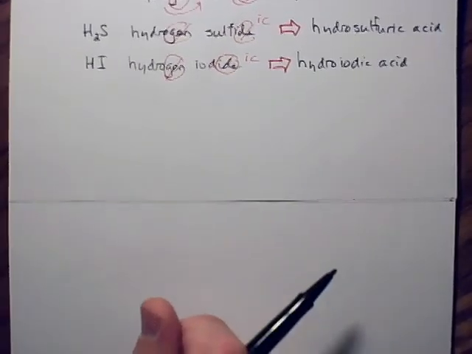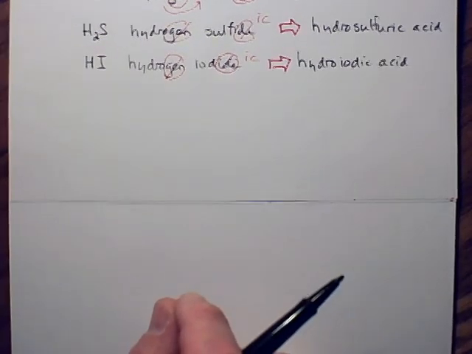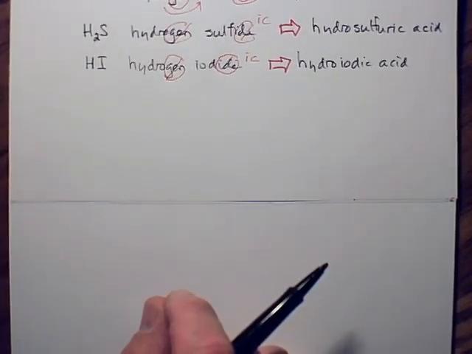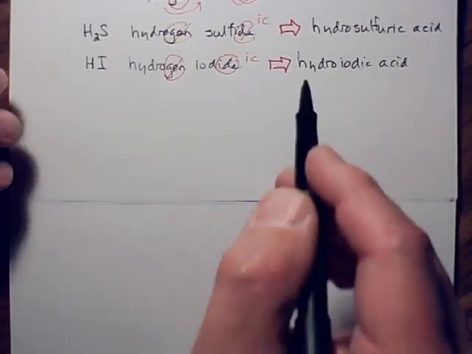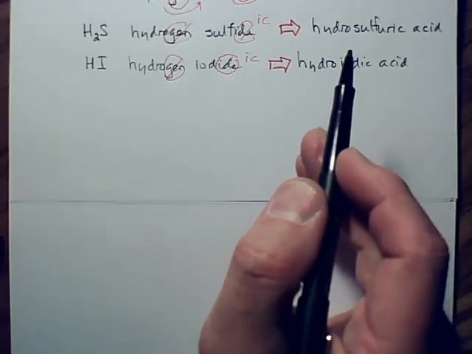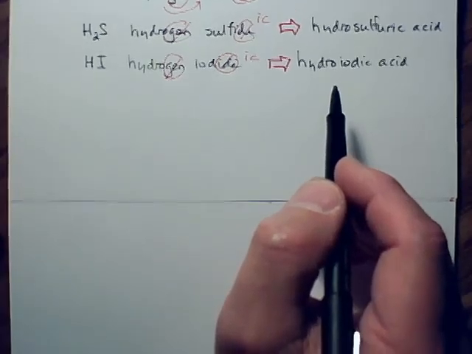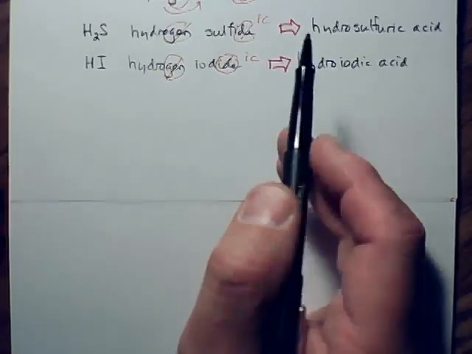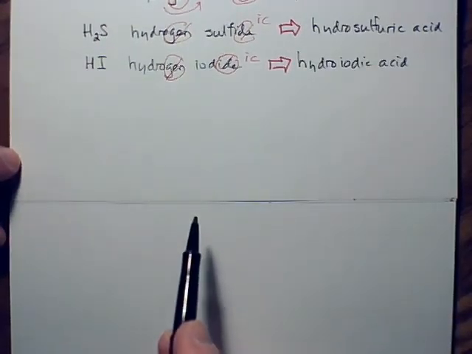Okay? Now this is how you name binary acids. Binary acids are the only acids that have the hydro prefix. Binary acids, only two elements, not two atoms, only two elements. Binary acids are the only ones that have the hydro prefix.